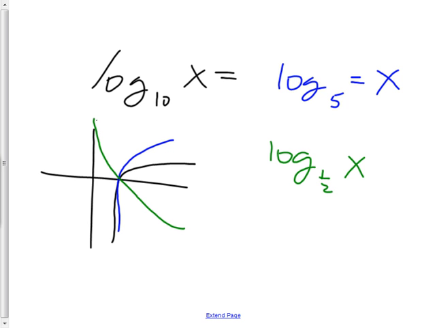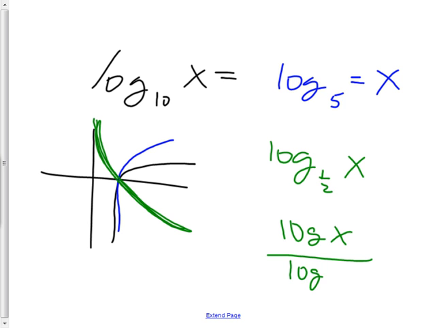If you wanted to graph this, to see it on your calculator, to see if you think I've lost my mind, you couldn't just type in log base 1/2 of x, but you could if you knew how to do a base change. This would be log x over what? Log 1/2. Use your calculator, type that in, graph it.